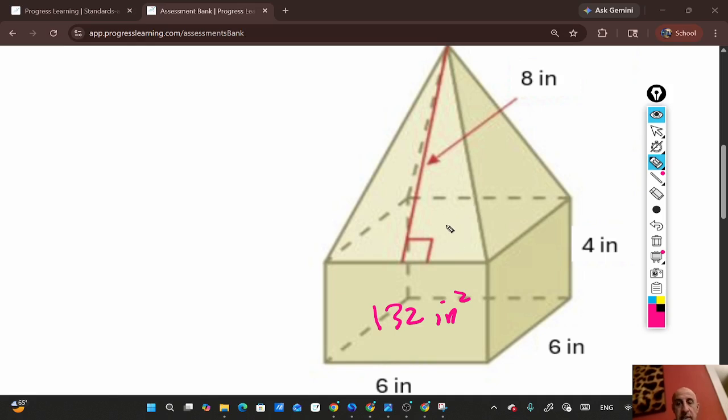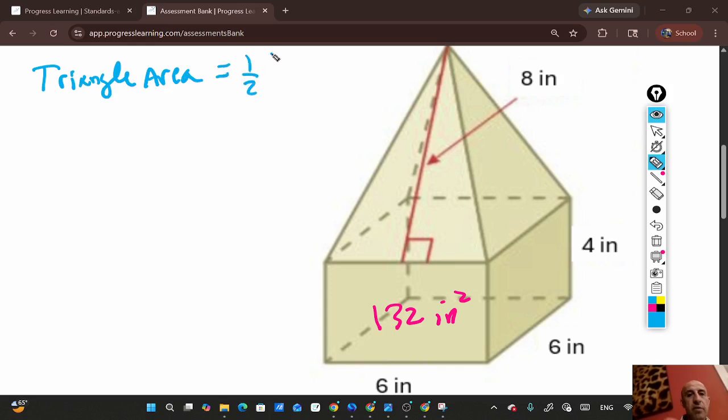As we said, this is an empty area, so I will be concerned about just the triangles on the top. So each triangle, as you see, the triangle area will equal half times the base multiplied by the height.